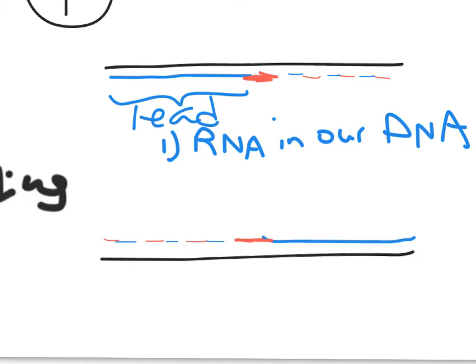How are they different? There's gaps. Right? There's breaks in this DNA strand. It's not one continuous strand that goes all the way from left to right. So what's the solution to this?